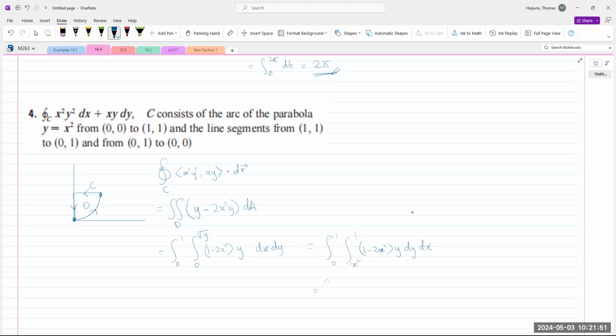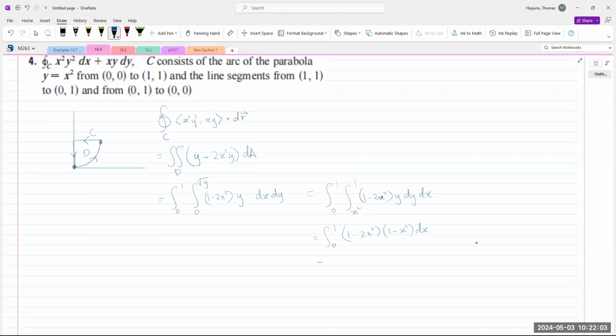Yeah, this equals the integral from 0 to 1 of 1 minus 2x squared times 1 minus x squared dx. Anything from there, I think you can easily integrate that. The integral from 0 to 1 of 1 minus 3x squared plus 2x to the 4th dx. That is 1 minus 1 plus 2/5. That's 2/5. Okay, this one is harder to do.